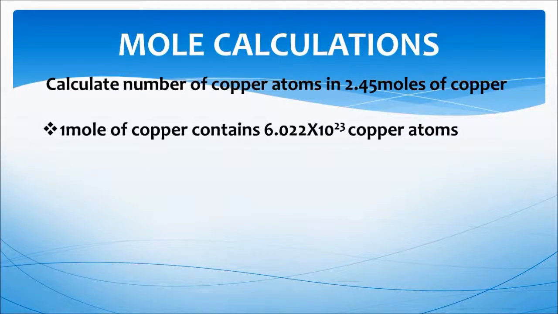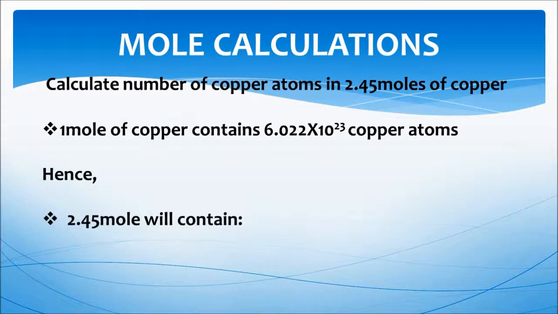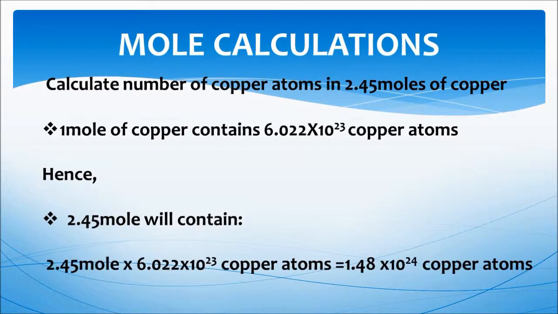We know that 1 mole of copper will have 6.022 times 10 to the 23 atoms. Therefore, 2.45 moles will contain 2.45 multiplied by 6.022 times 10 to the 23, which is equal to 1.48 times 10 to the 24 copper atoms.